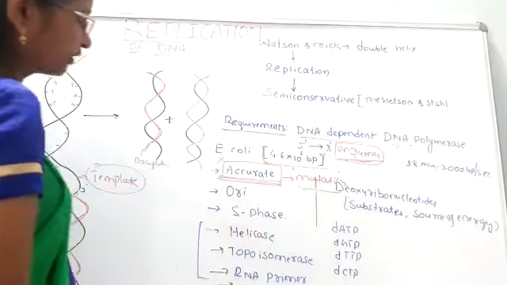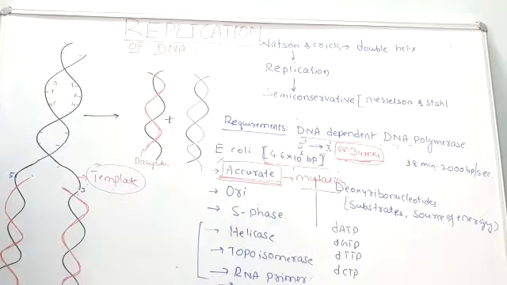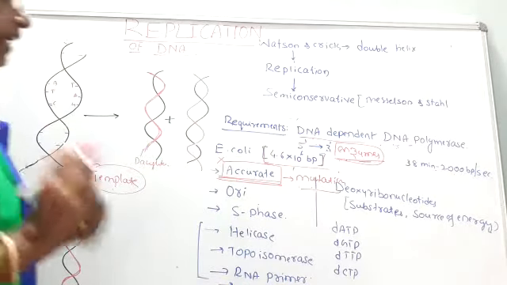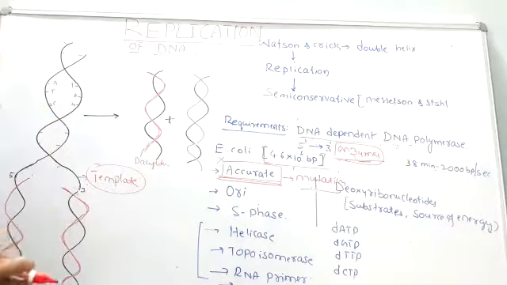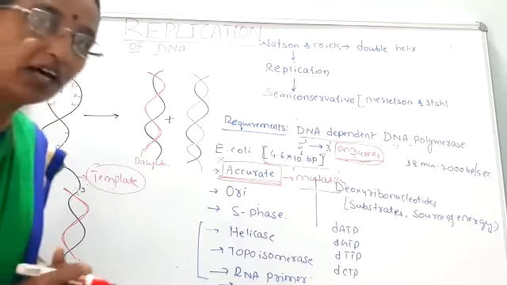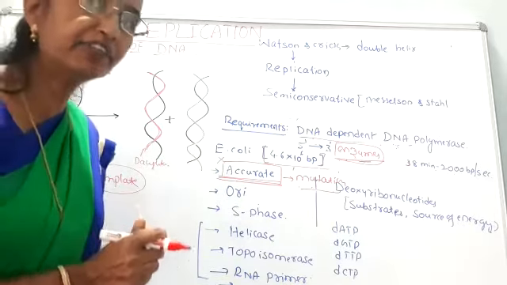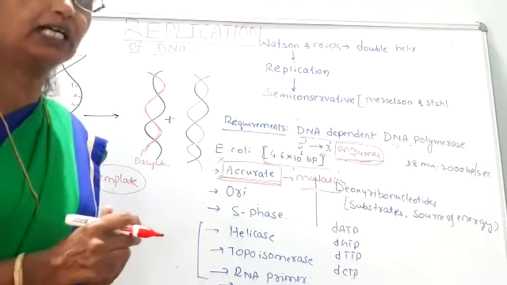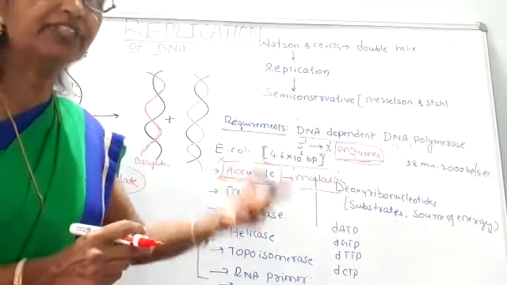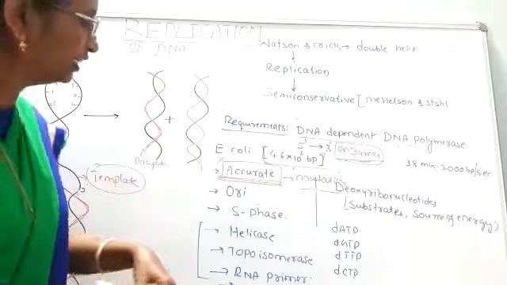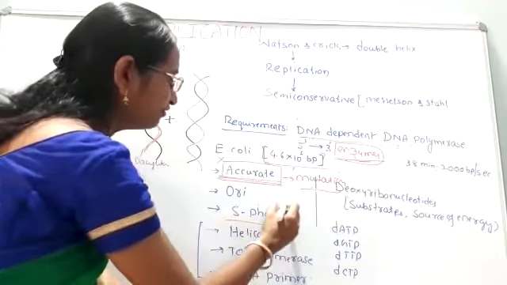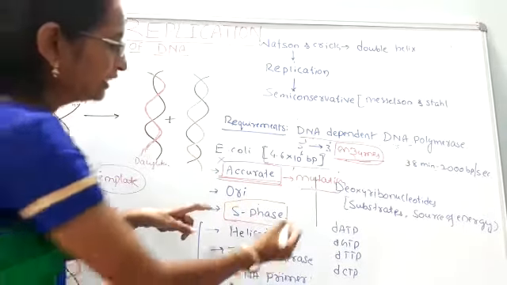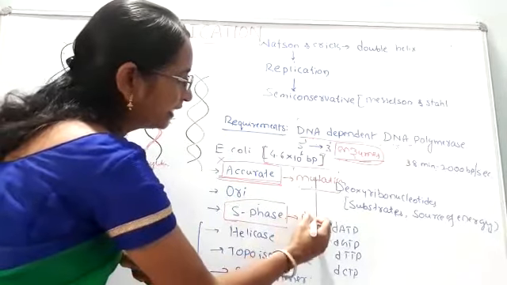Apart from that, we have to know when the replication begins. Recall from first year PUC, the cell cycle: G1 phase, S phase, G2 phase. During the S phase, the synthetic phase, the replication of the DNA takes place.